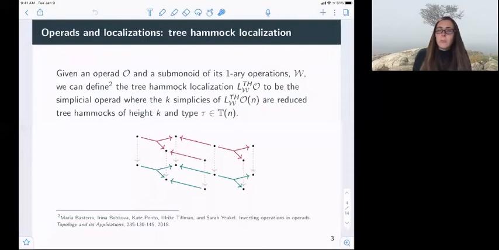So Bastera, Babkova, Ponto, Tillman, and Yeagle constructed something similar for operads called a tree hammock localization. So here we create these tree hammocks, like you can see here.